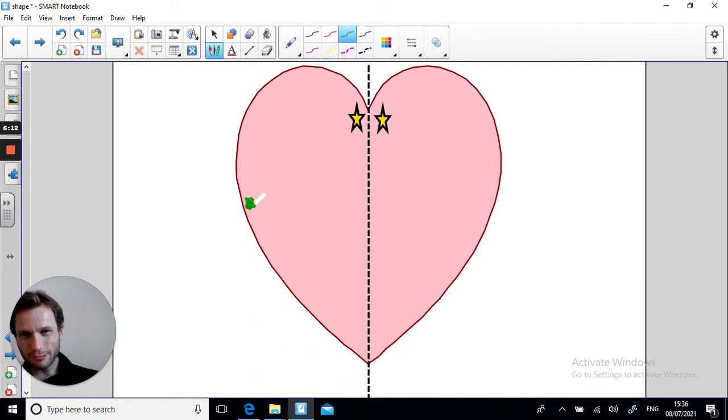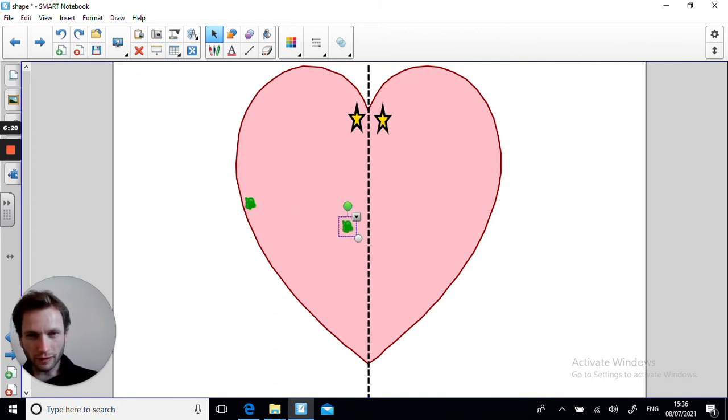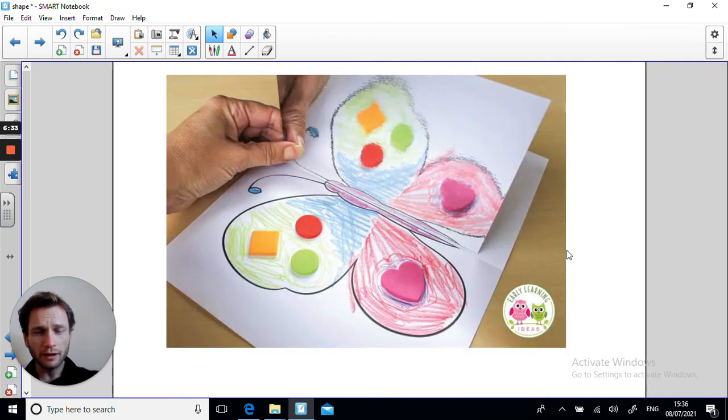Oh, that's not a very good circle. If I do that there, I need to have the exact same thing as if it was being reflected on the other side. So, yeah. I think if we folded that in half, opened it up, it would be the same on both sides.